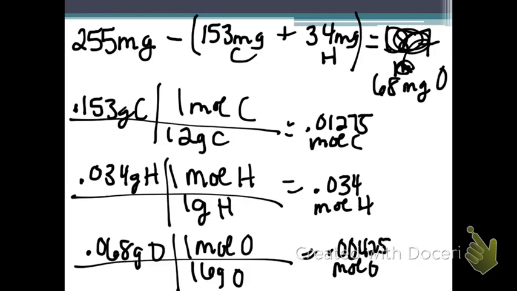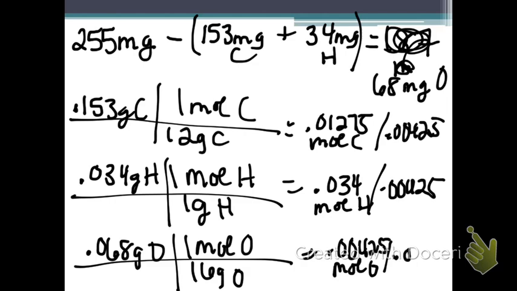Make sure you carefully look at which one's the smallest. The smallest happens to be the last one, so we'll divide them all by 0.00425. Solve, okay, hoping for whole numbers here, and I get 3, 8, 1. Now, that tells me my empirical formula. That would be my answer to part A of the original question.